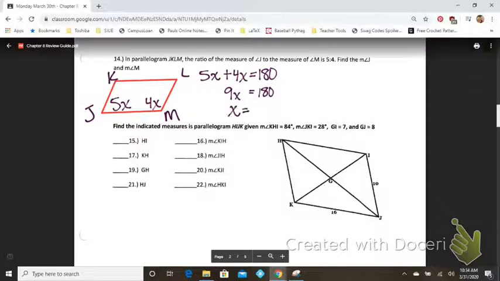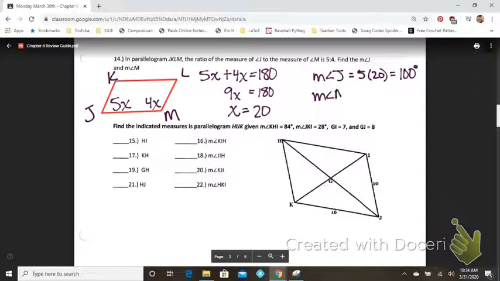We get that x equals 20. They did not want to know what x is, though. They wanted to know the measure of angle J and the measure of angle M. So the measure of angle J is found by taking 5 times that 20, which is 100 degrees.